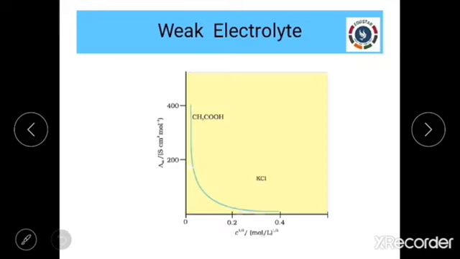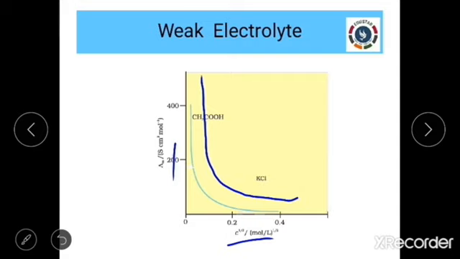Now this is the graph for the weak electrolyte. We have drawn a graph between the same square root of C and the molar conductivity. How is this graph? On decreasing concentration, or increasing dilution, the molar conductivity just keeps increasing. At infinite dilution it won't touch or extrapolate to the axis.